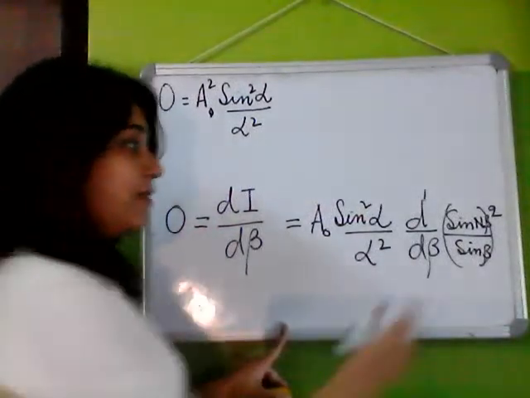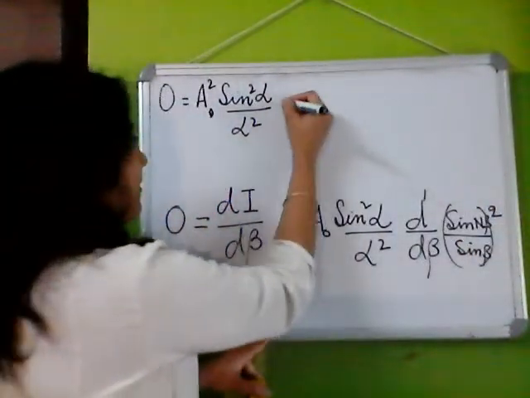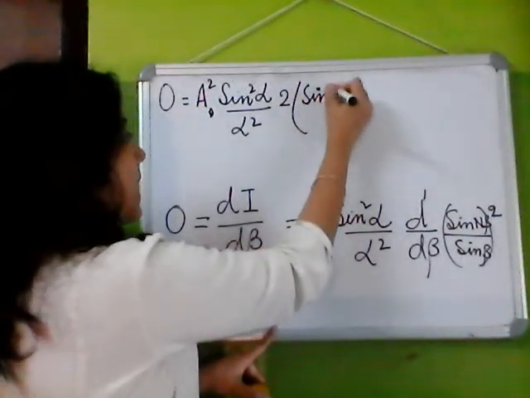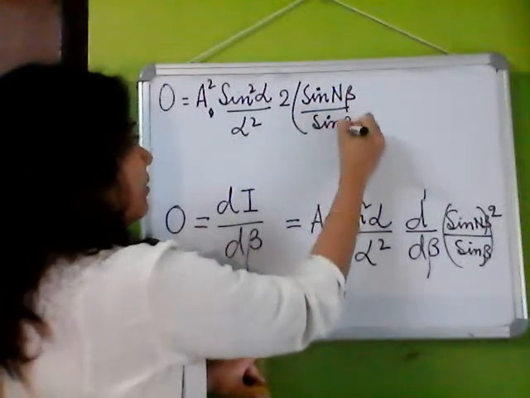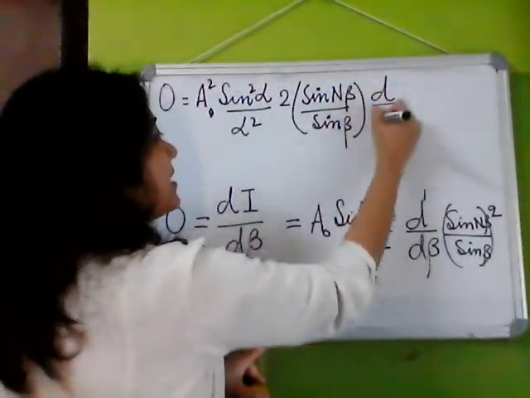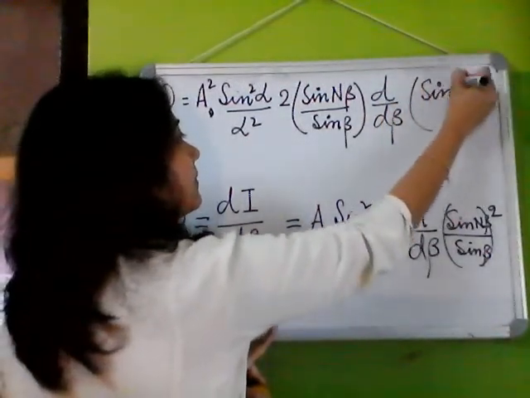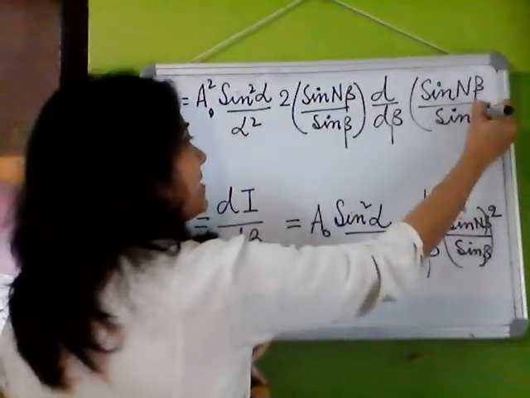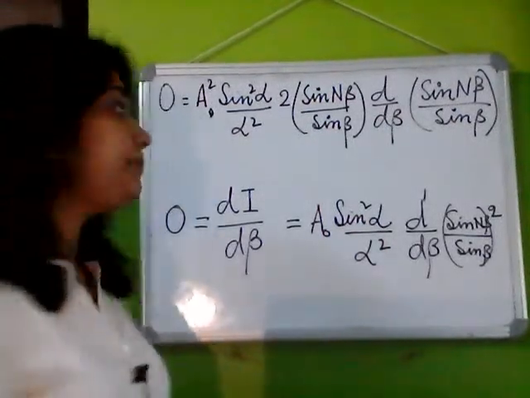So what will I have? d/d beta of something squared. So I will be having this as 2 of sine n beta by sine beta. However, now I must differentiate this quantity, which is sine n beta by sine beta. Correct? So this is what is our next step.